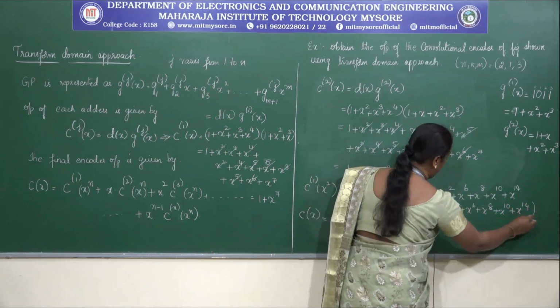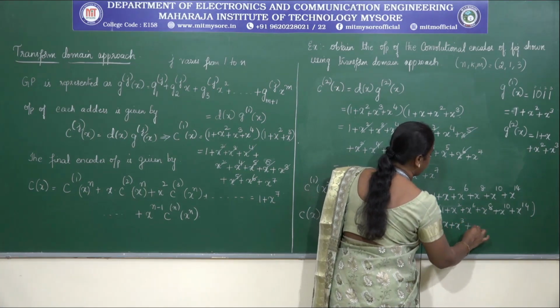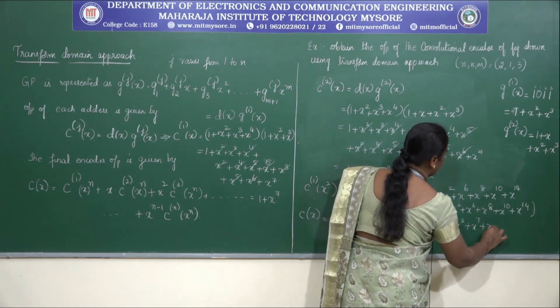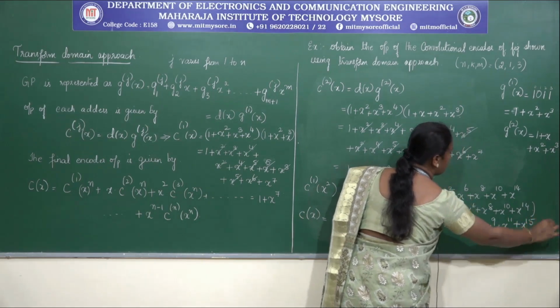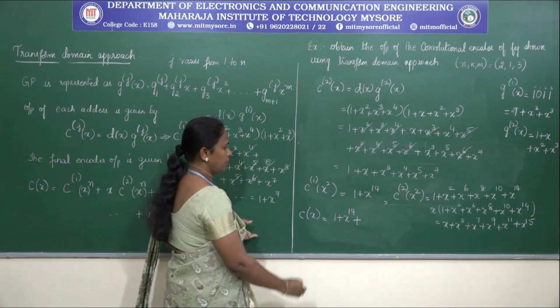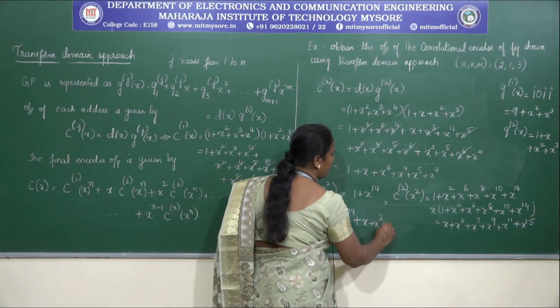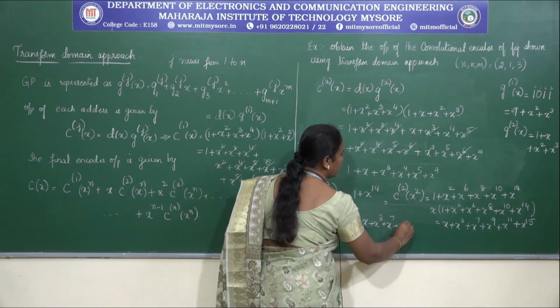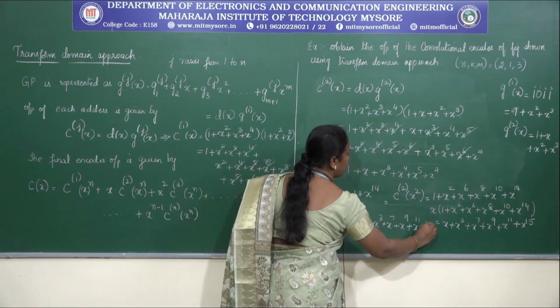So this will be equal to x plus 3, 7, 9, 11 and 15. So we get x plus x to the power of 3, 7, 9, 11 plus 15.